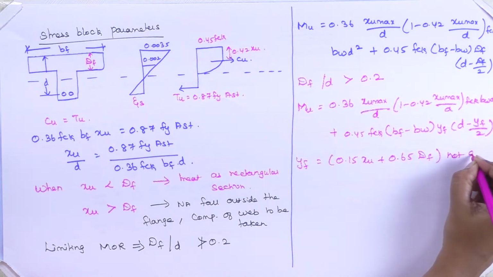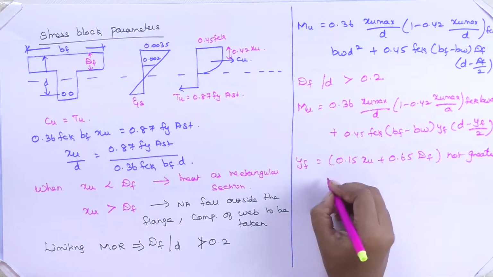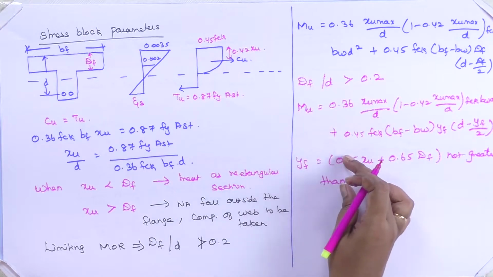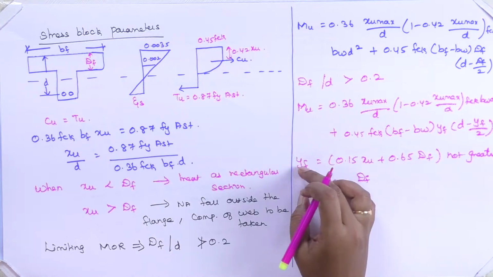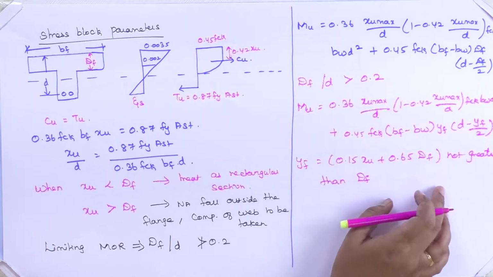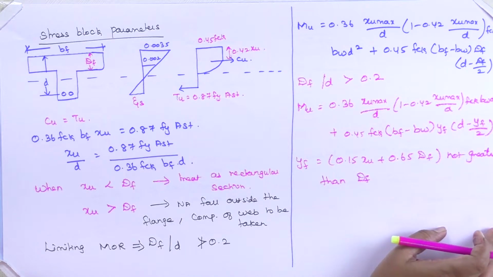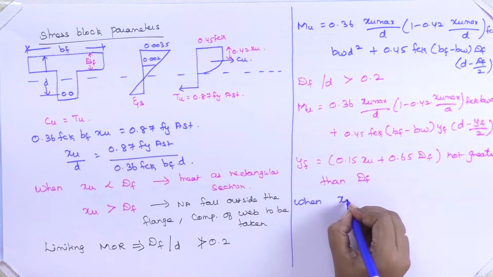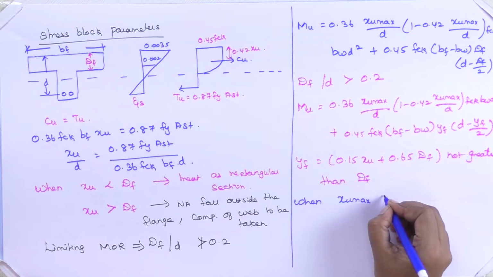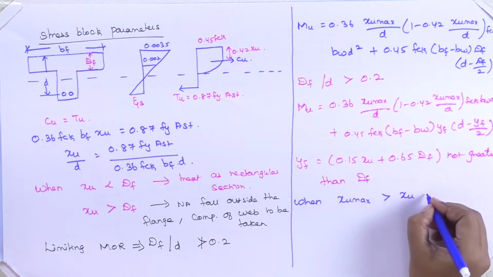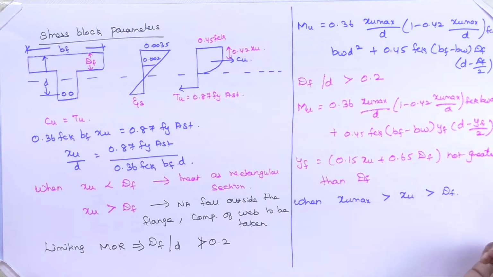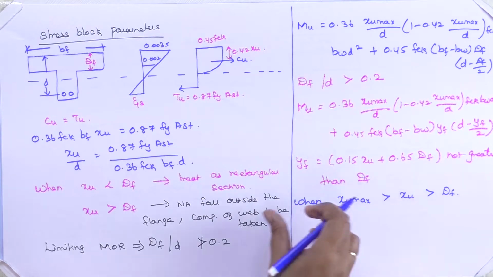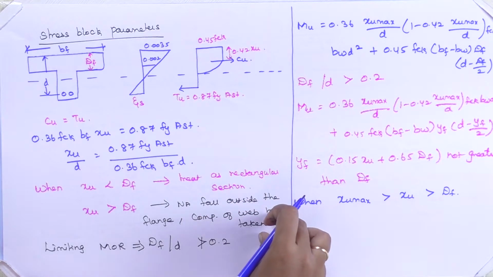The condition is that YF should not be greater than DF, the depth of the flange. Okay, then when XU max is greater than XU, that is, when XU is greater than DF, I can go for the neutral axis falling outside the flange.